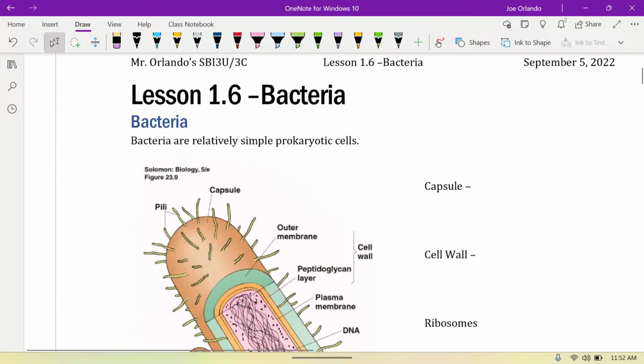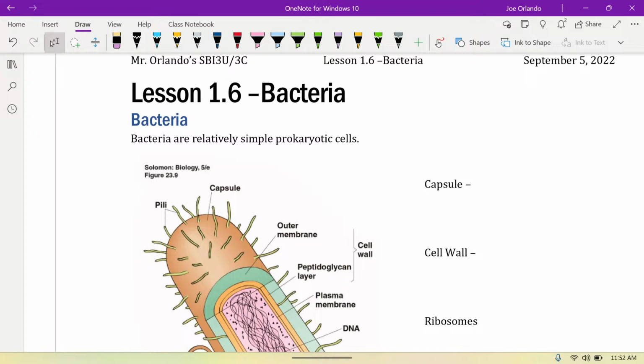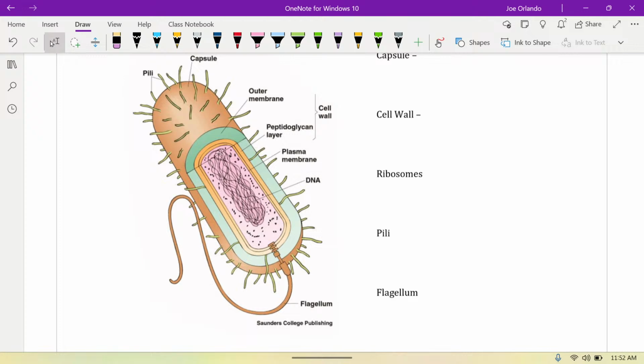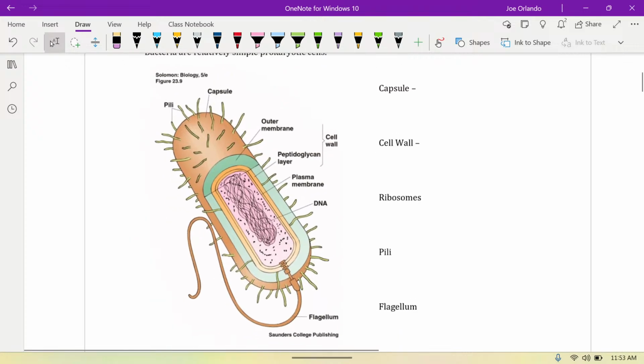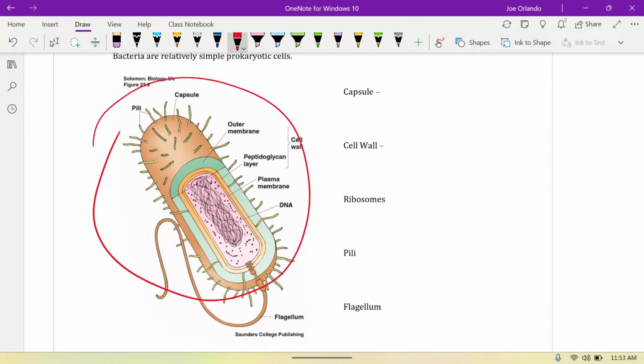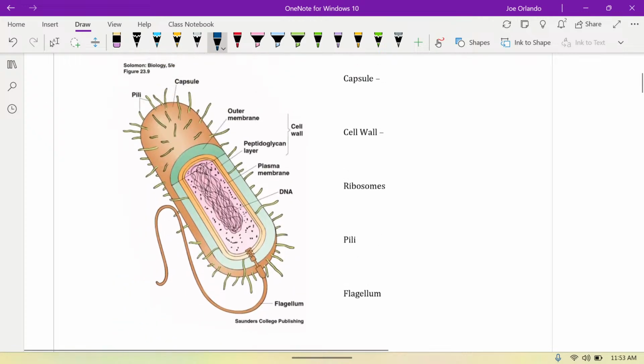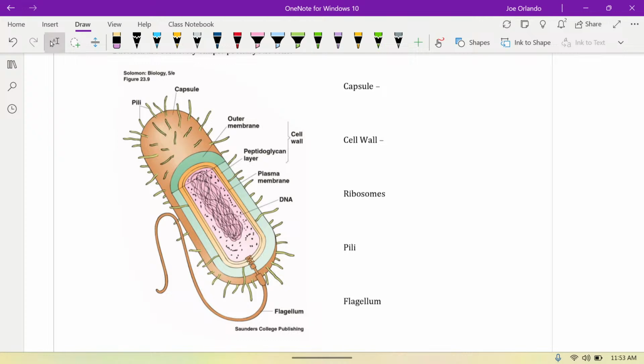All right, guys, bacteria. Talk to me. The bacterial cell, at its most basic, tends to look like this. There are variations, and we're going to talk about that. But the components of it, in some ways, are very similar to what we see in animal cells, and in other ways, they're rather different.